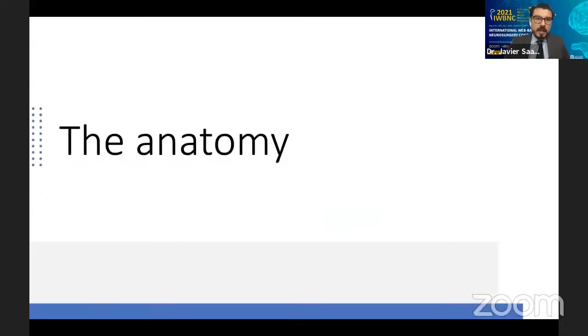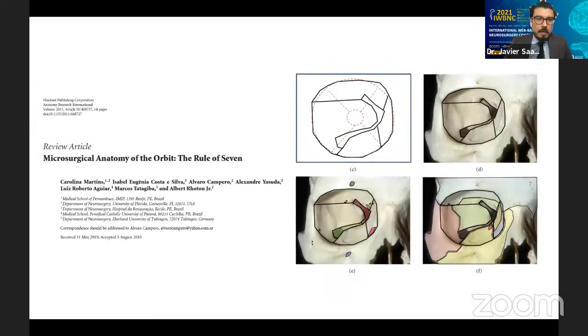So let's check on the anatomy of this technique. I'm pretty sure most of you are familiar with this article. Dr. Rutten and Dr. Carolina Martins published this paper some years ago, the rule of 7.